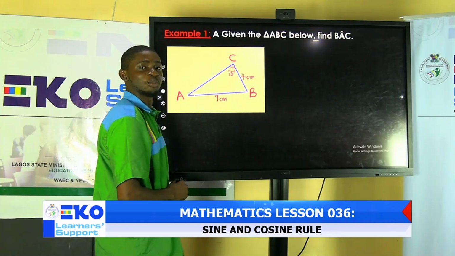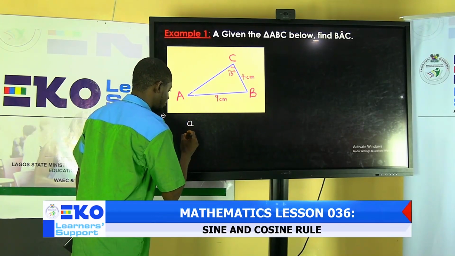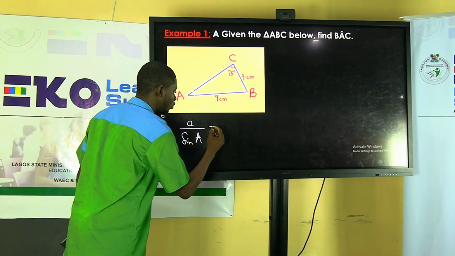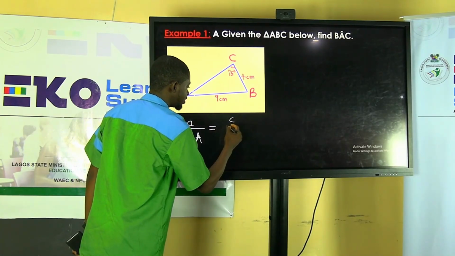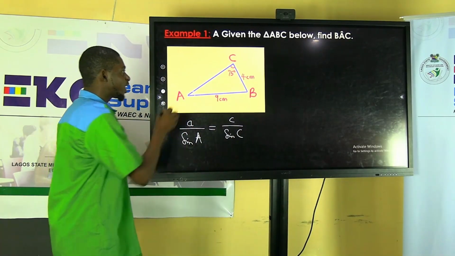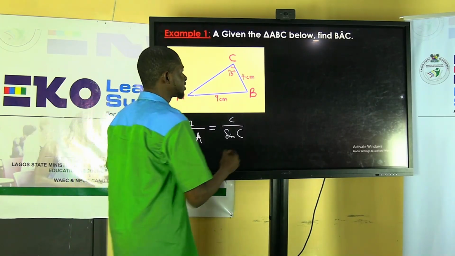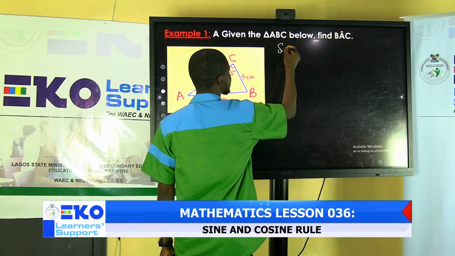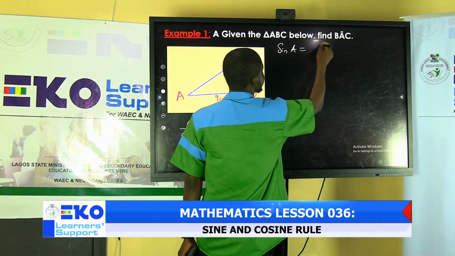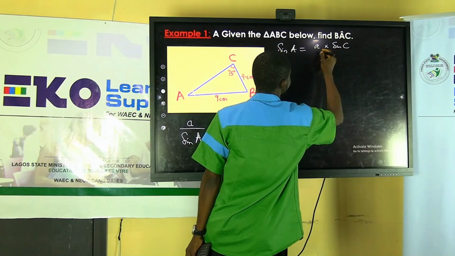How do we combine it? Side A over sine of angle A equals side C over sine of angle C. Since we are interested in angle A, we make sine A the subject. Sine A equals side A multiplied by sine of angle C divided by side C.